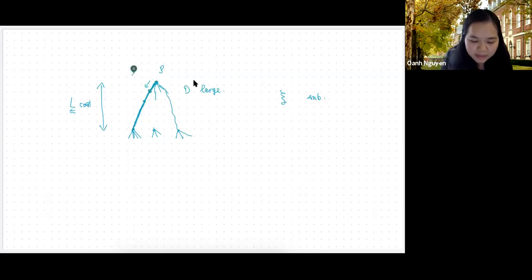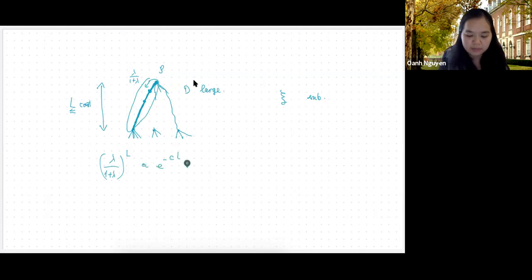At any step, that is lambda over 1 plus lambda. If we repeat that L times, then rho will successfully send an infection to this vertex. So that is lambda over 1 plus lambda to the power L, which is about e to the minus CL.